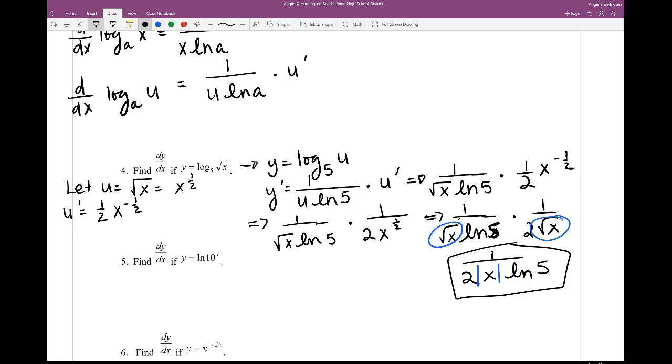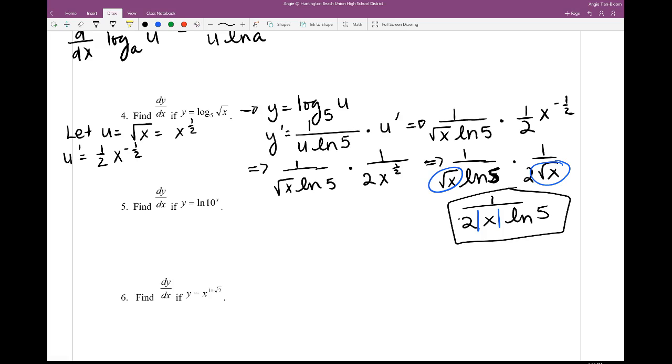All right, let's practice some more on dy dx with example 5. Find the derivative with respect to x if y equals natural log of 10 to the x. Again, we are going to use u substitution. So here we go. Let u be 10 to the x. Then u prime is, think of it as a to the x.